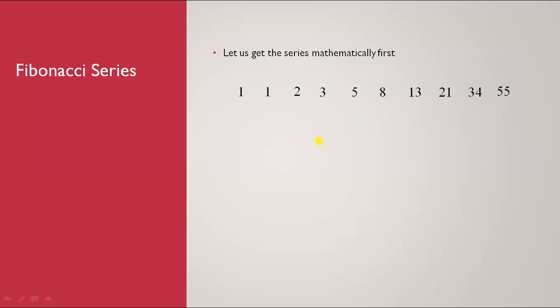It is 1 plus 1, which is equal to 2. And then 1 plus 2 is equal to 3, and then 2 plus 3 is equal to 5, and then 3 plus 5 is equal to 8, and 5 plus 8 is equal to 13. It goes on, right?